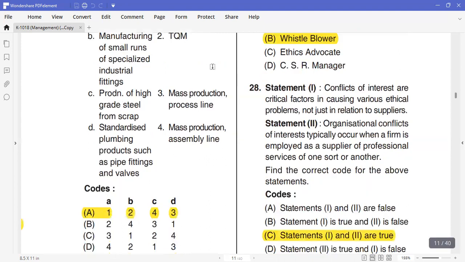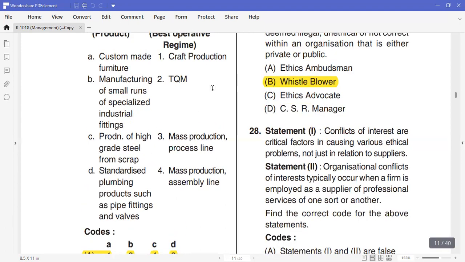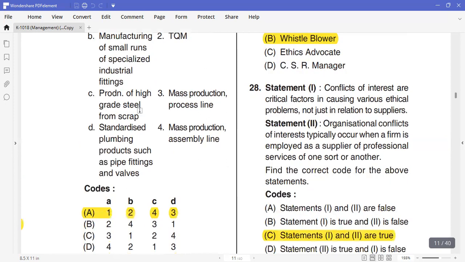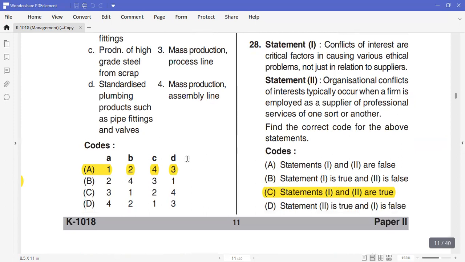Now B, it is 2. That is manufacturing of small runs of specialized industrial fittings is called total quality management. C is 4. There is production of high grade steel from scrap is called mass production assembly line. And D is 3.